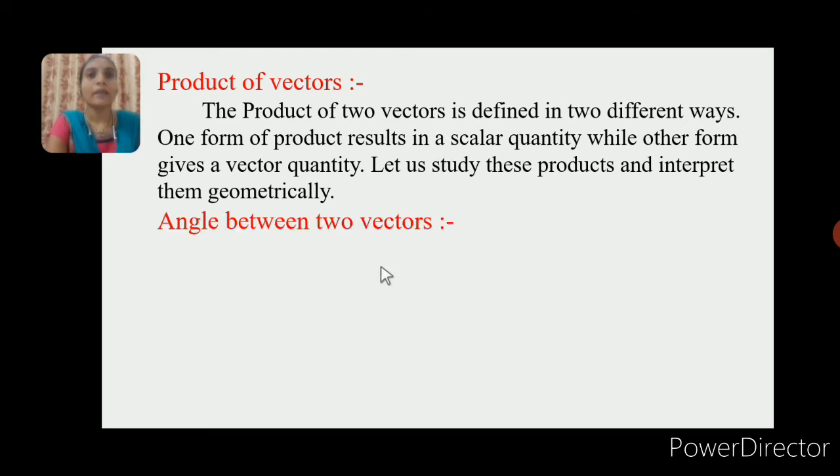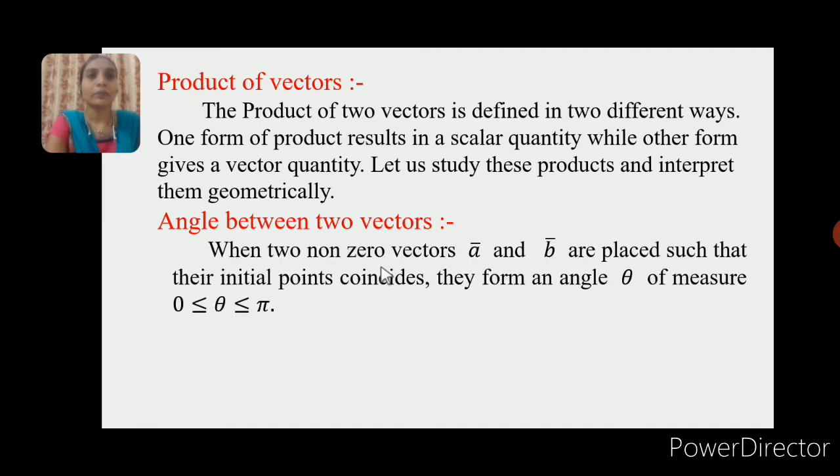Then, angle between two vectors. When two non-zero vectors a bar and b bar are placed such that their initial points coincide, they form an angle theta, and this theta lies between 0 and pi, that is, 0 is less than or equal to theta is less than or equal to pi.